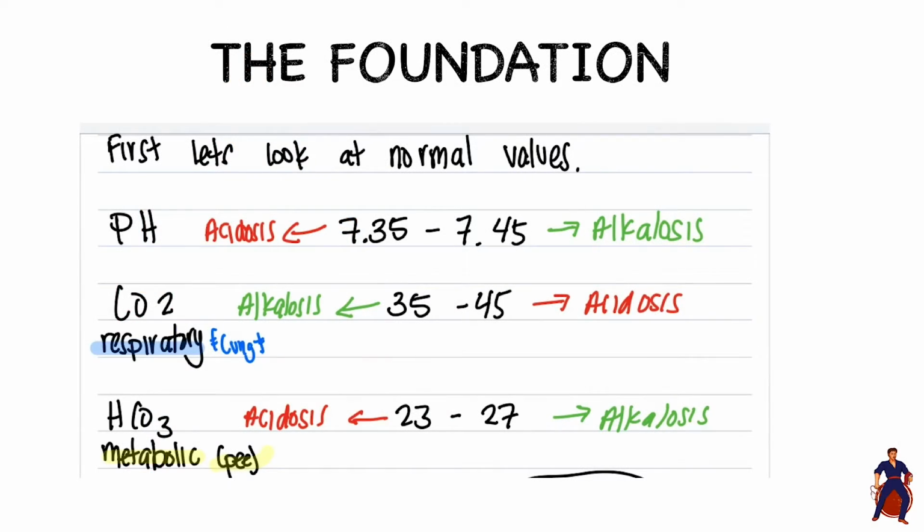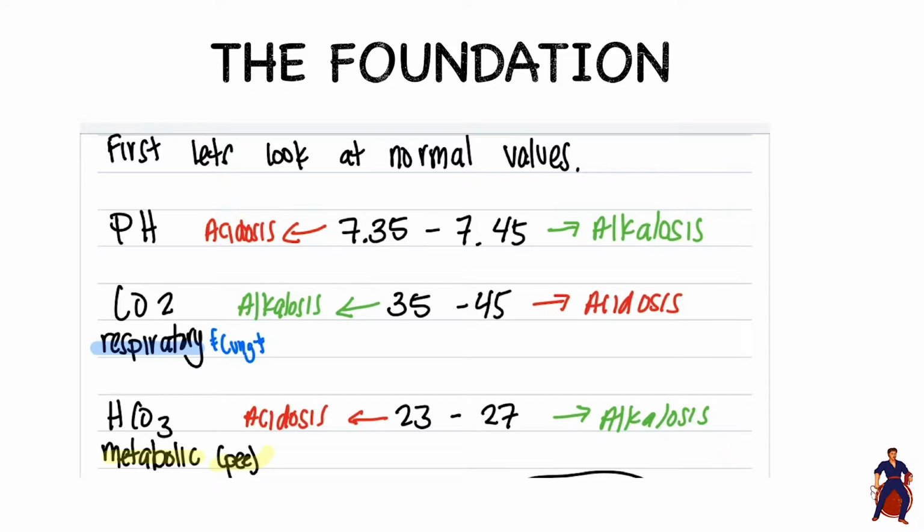Before you actually start analyzing an ABG, you need to cover the three main components of an ABG, and it's important that we know the range of these values, because with any exam, when you're trying to see what's off, you always want to know your baseline.